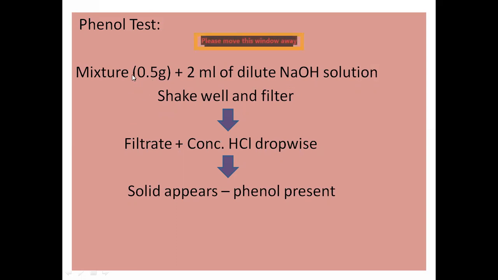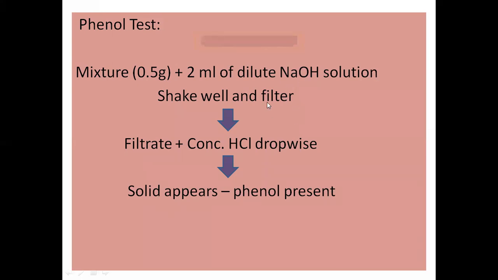So phenol, normally, you have this benzene ring, to which the OH is attached. Phenol contains OH attached to this aromatic ring. So when you add the dilute NaOH, what happens?